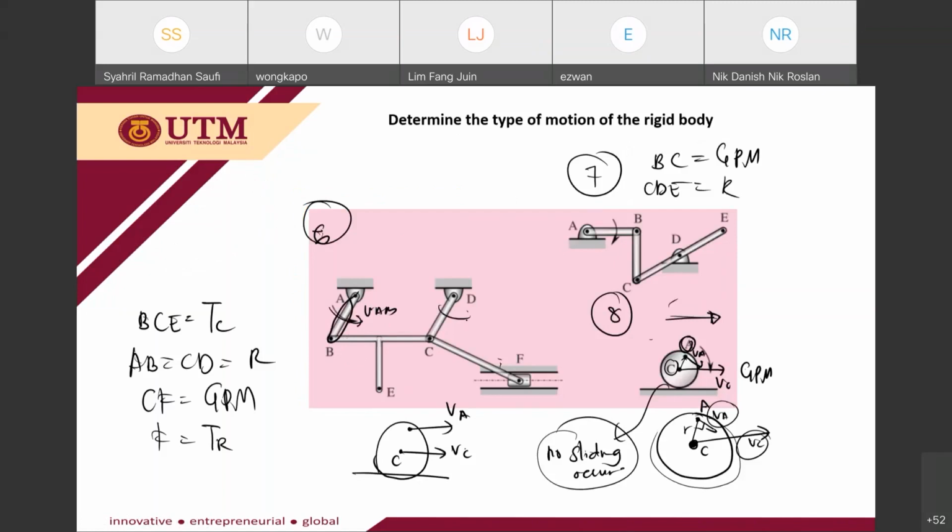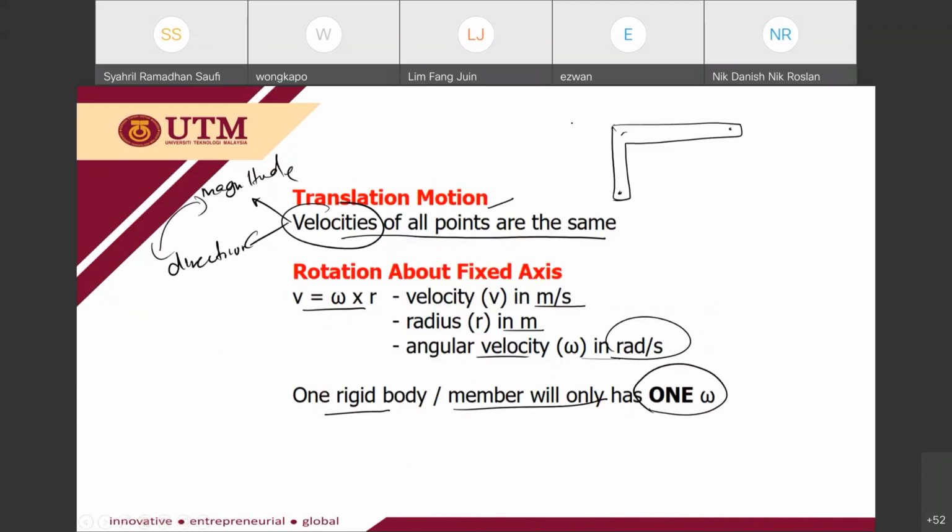So this one will have omega CD. This one will have omega CF. So each member will have their own omega. If the whole thing is one member here, then you have one omega. So just remember, one rigid body or one member will have only one omega.